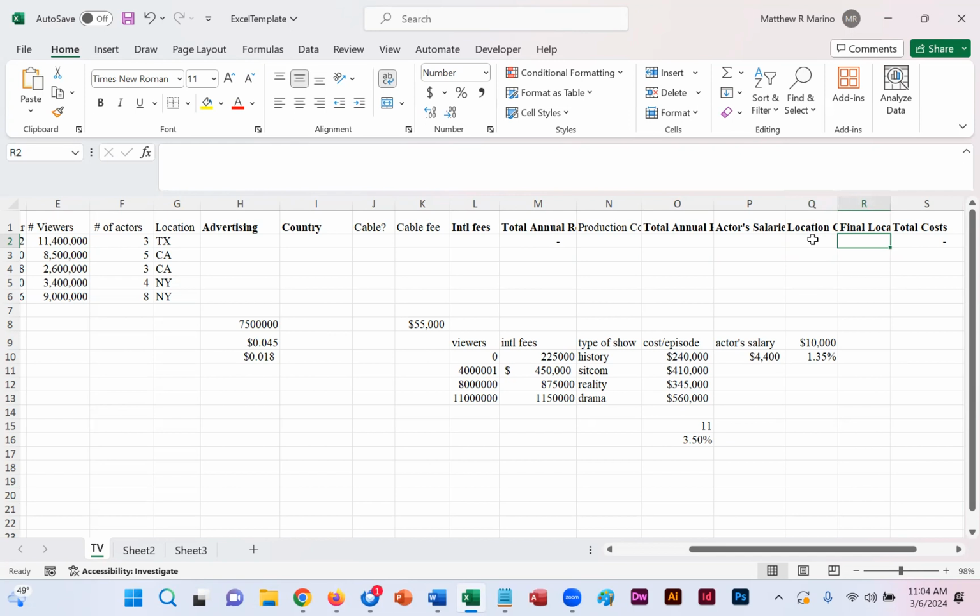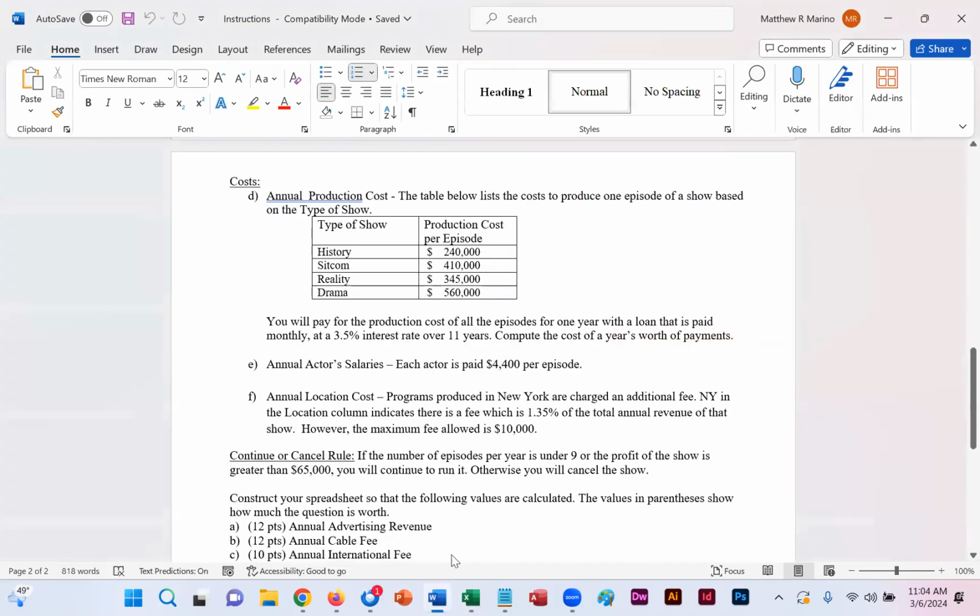So then we have the final location cost, where you check if the location cost is over 0, comma, and you take the minimum of 10,000 and whatever you have for your location cost. It checks whichever is the minimum, because the maximum fee allowed is 10,000.